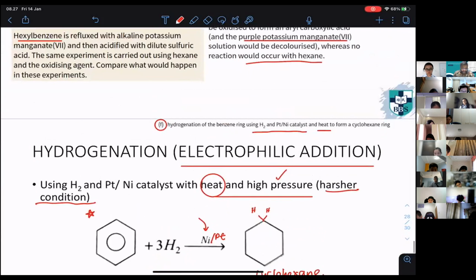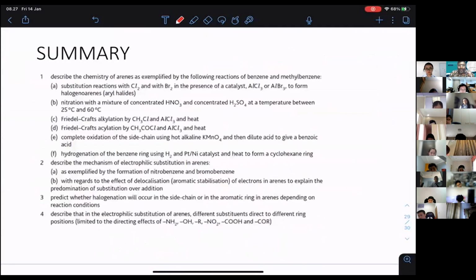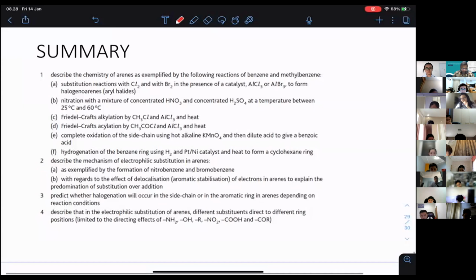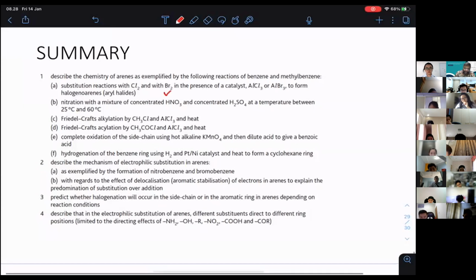So if you put it as a summary over here, these are the parts under this particular chapter that we have covered up to now. It's lagging, but you can see the summary now. I will go through the summary with you. So you see here, the substitution reaction with Cl2 and Br2, in the presence of this catalyst.